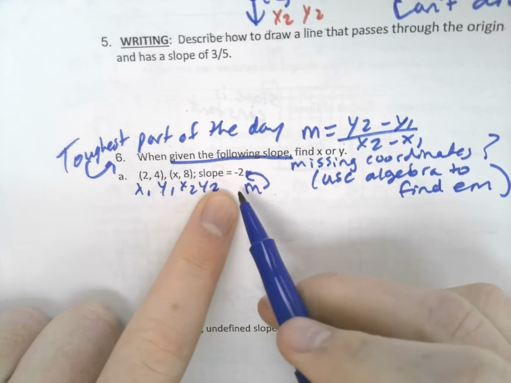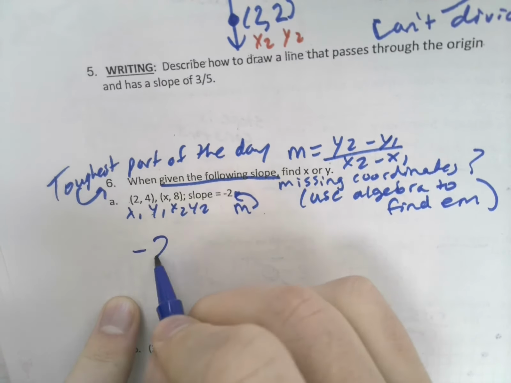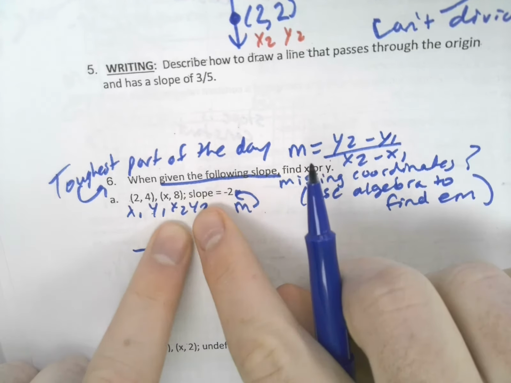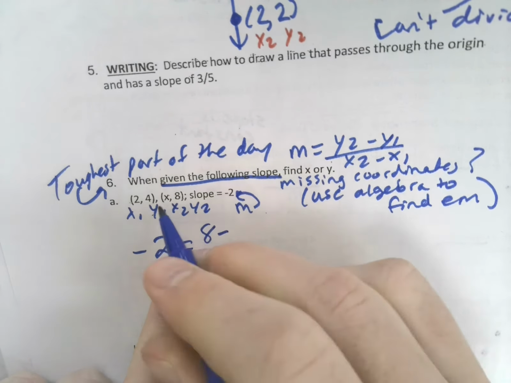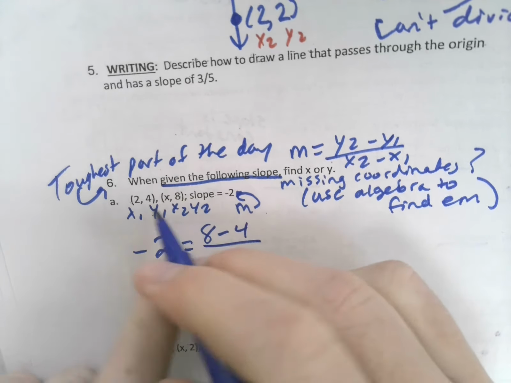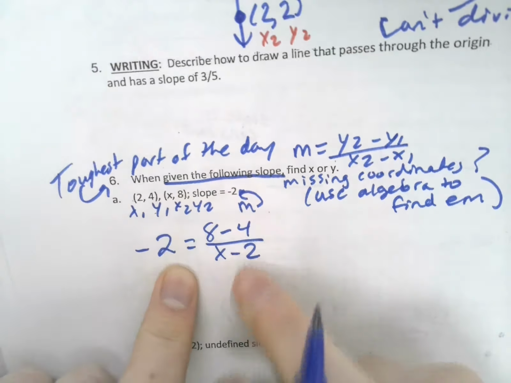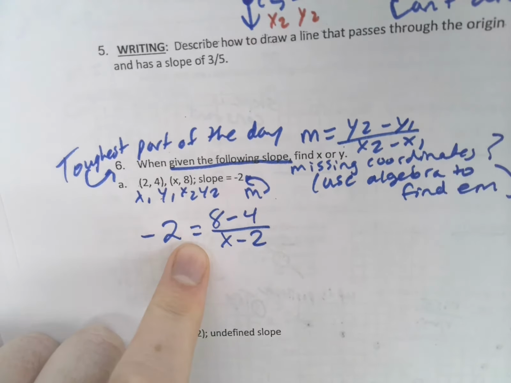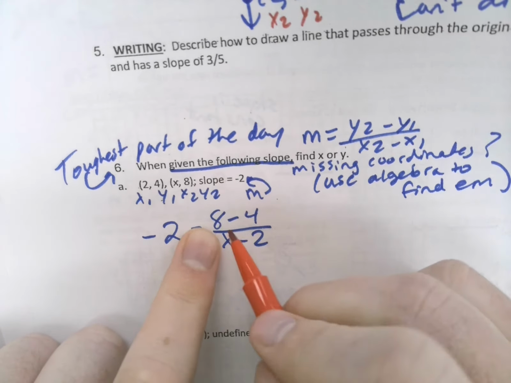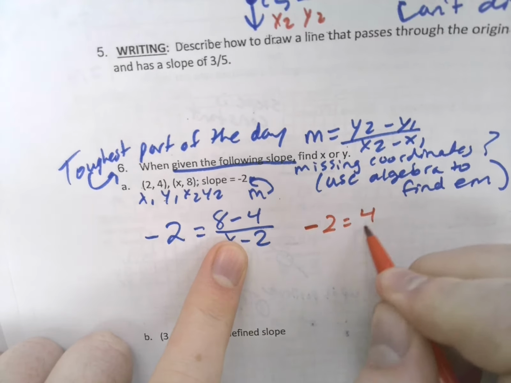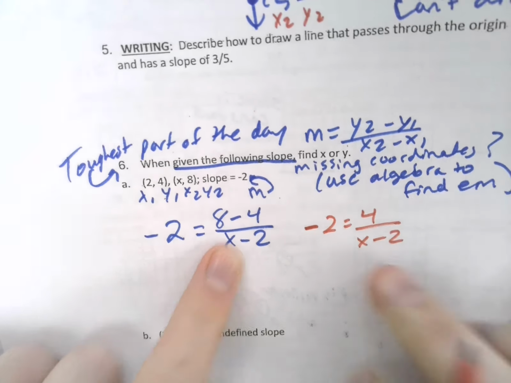So we know m is going to be negative 2 equals y2, 8 minus 4 over x2 minus x1, x minus 2. So first thing, guys, before you panic, let's do the easy math here. What's 8 minus 4 going to be? Oh, that's going to be 4 over x minus 2.